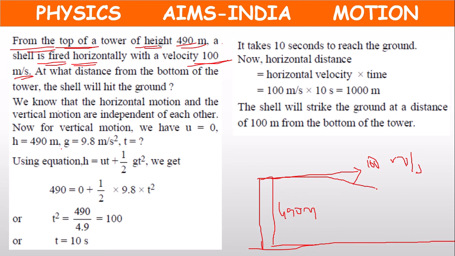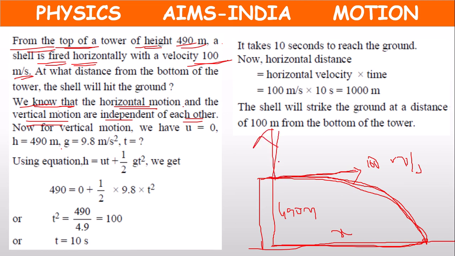Actually, the body will travel in this path, like a parabola, and at some distant point it will touch the ground. So from the bottom of the tower until it touches the ground, what will be the distance, that we have to find. For that, we know that horizontal motion and vertical motion are independent of each other.